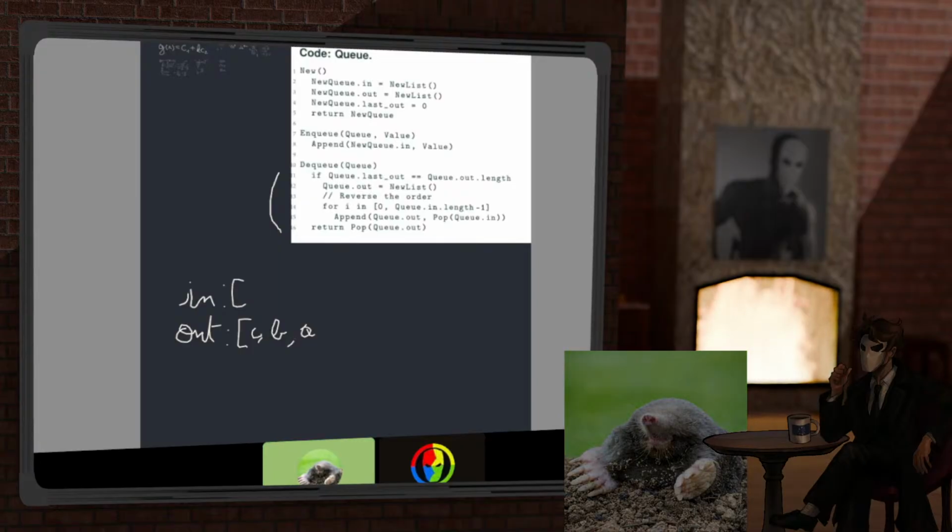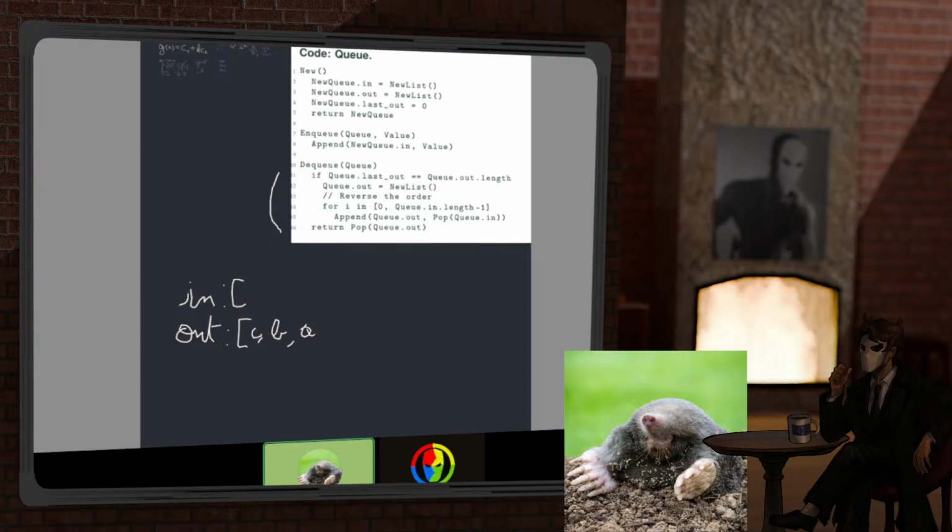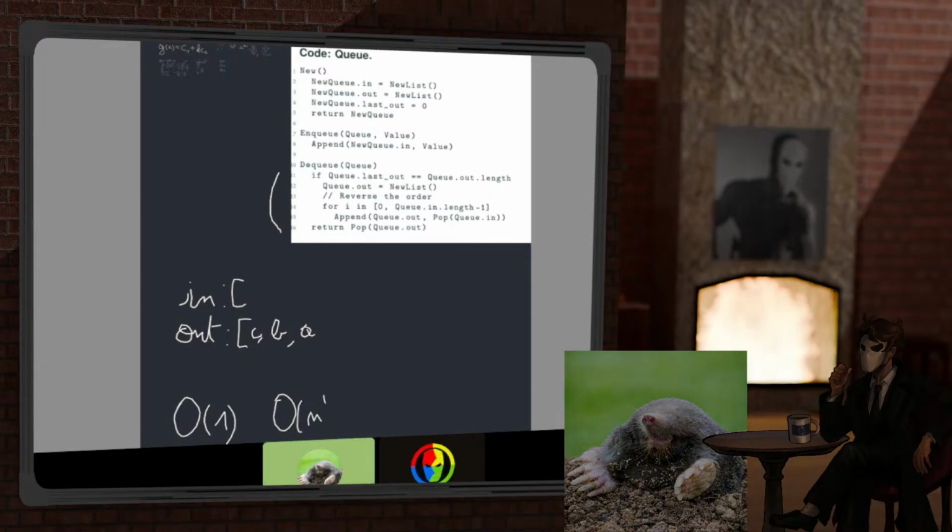So the worst case analysis of this would be saying that enqueuing is in O of 1 and dequeuing is in O of n, if n is the number of values in the input list.